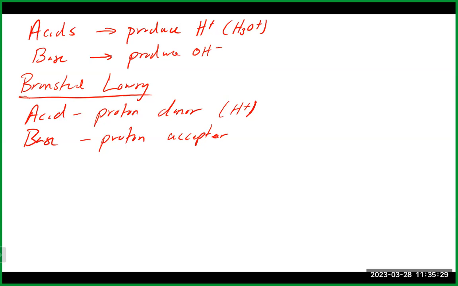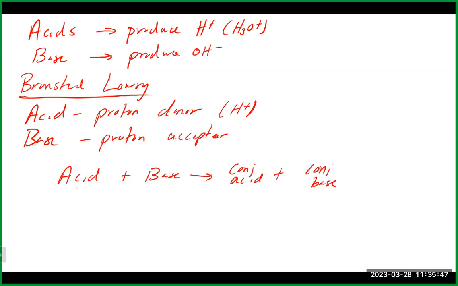solution. The consequence of the Bronsted-Lowry definition is that we get partners. So when we have an acid and a base on one side of the arrow, it creates partners, which are the conjugate acid and the conjugate base.